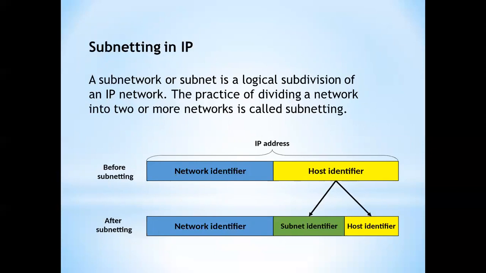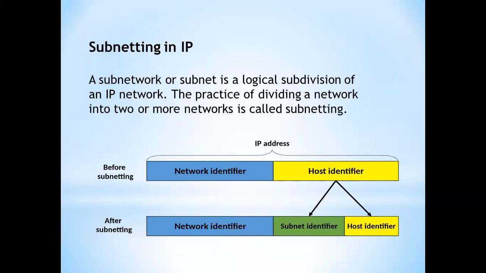With an increase in the number of distinct local networks, their management becomes a problem. Every time a new network gets installed, the system administrator has to contact the NIC to get a new network number, and then this number is to be announced worldwide.